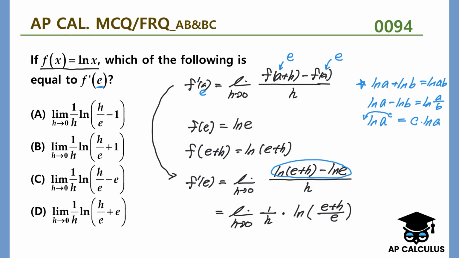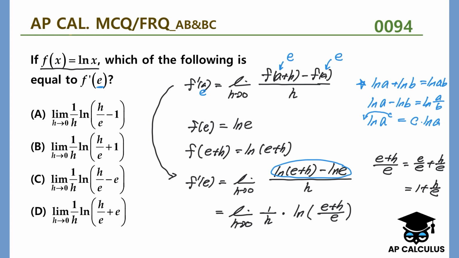If we have a subtraction, we'll have one natural log, and it's going to be a over b, just like this. So let's simplify this expression right here. E plus h over e is equal to e over e plus h over e, so that's 1 plus h over e, right?